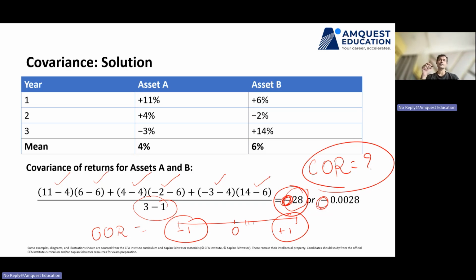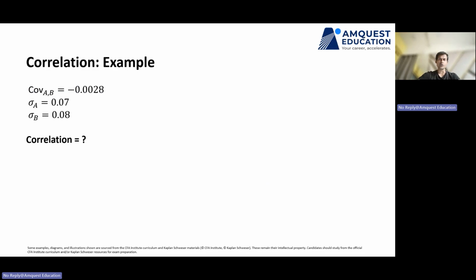But if I tell you it's minus 0.9, you'll say, 0.9, yeah, it's very strong. Got it? And obviously minus or plus is just a factor of whether it moves directly or inversely. Are we clear? How do you find the magic number? How to find correlation? Simple. All you need to do is take the covariance and divide it by the product of the standard deviations.